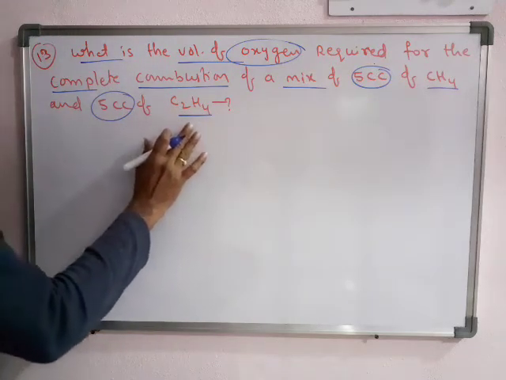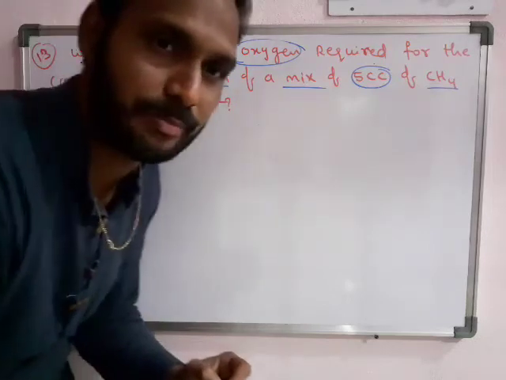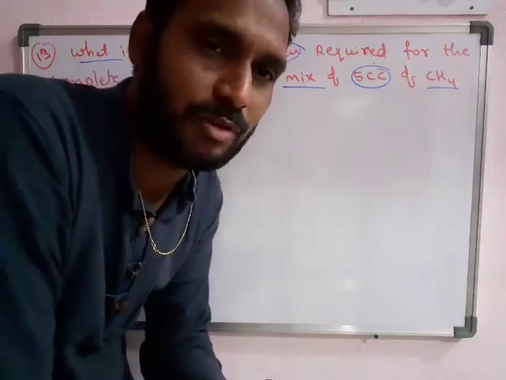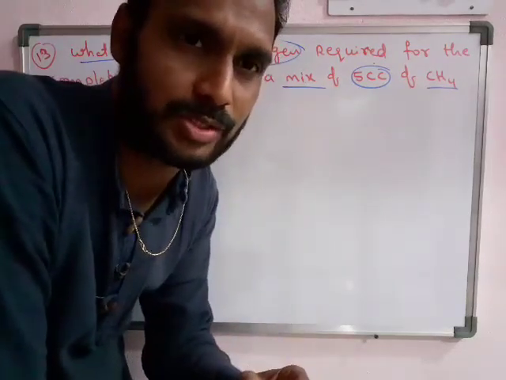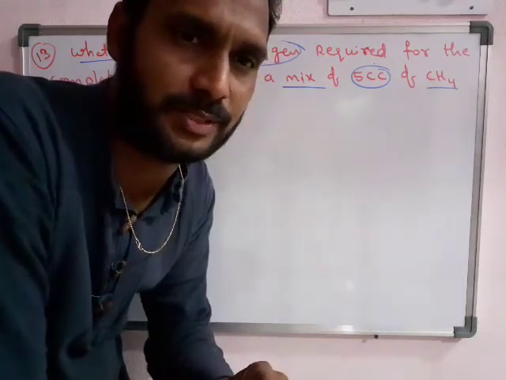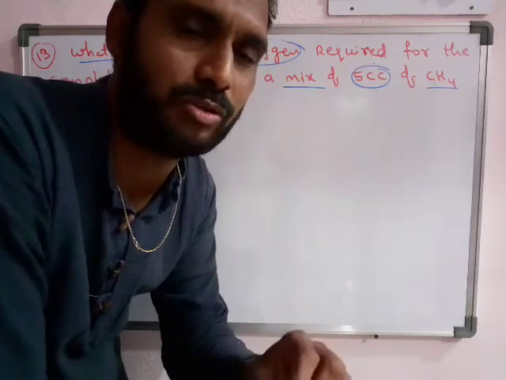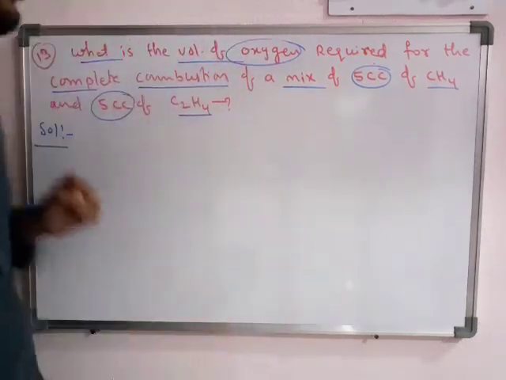This is also known as ethene or ethylene. Okay, so here, important: when it comes to a mixture, generally we find which one undergoes the reaction, but here both undergo the complete combustion reaction. So we have to consider both reactions and work out for both.